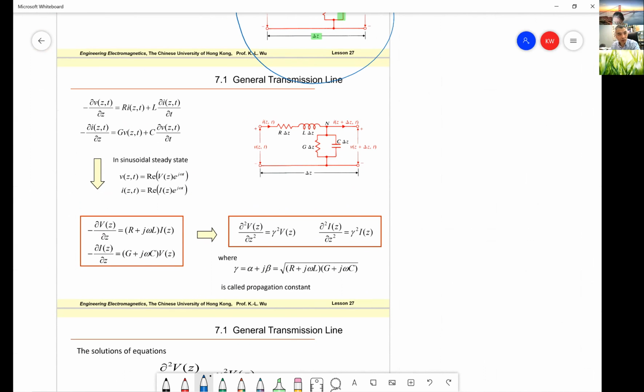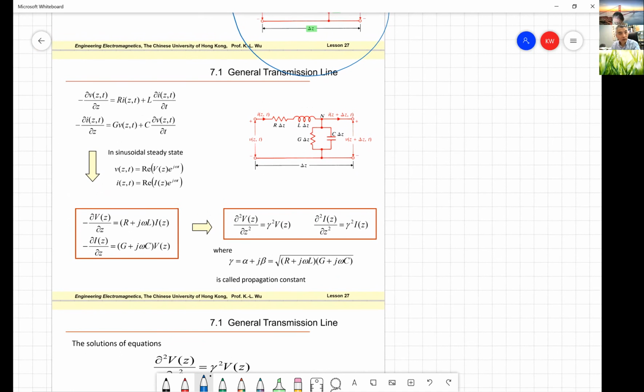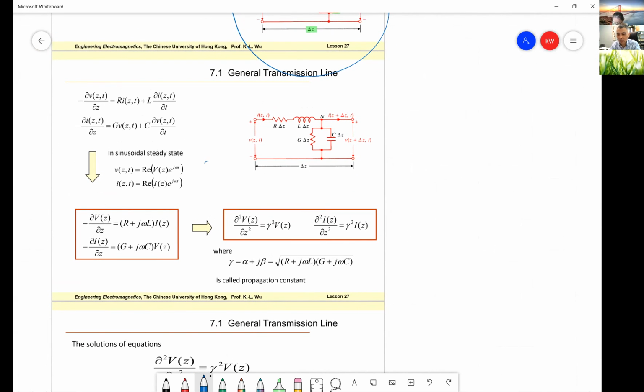The two differential equations in the time harmonic case use phasor properties. So we know the derivative with respect to time is equivalent to multiplying by j omega. So these two equations become this. This is straightforward, right?